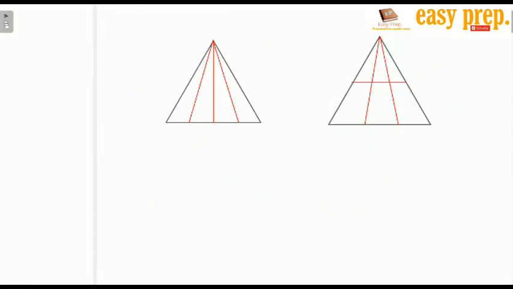Now let us take another figure. Here same, first number the parts and then simply add those numbers 1 plus 2 plus 3 plus 4. Okay, so 3, 6, 10. So there are 10 triangles, friends.